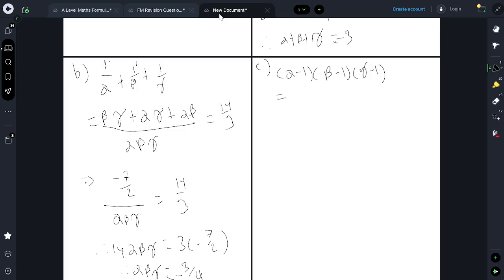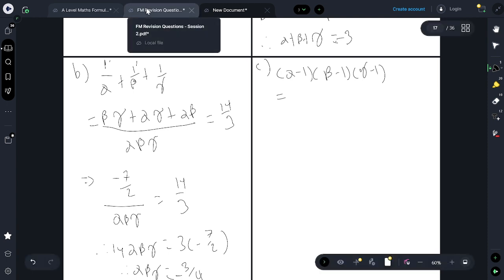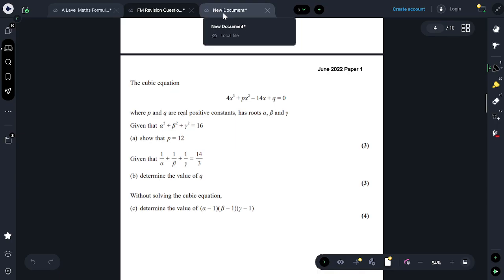Right, here it's not directly clear because of alpha minus 1, beta gamma. It's not much we can do here. I guess one way you could do it is doing a shift, because we know P and Q now.